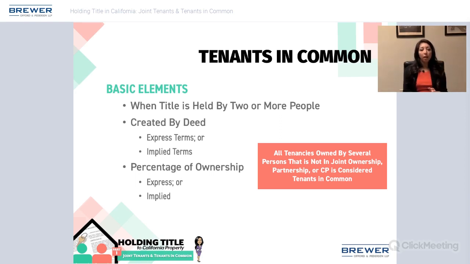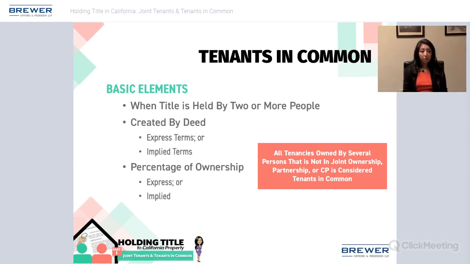This occurs when you have two or more people who are going to be the owners of this property, whether they be friends, siblings, a couple, an unmarried couple, for my example, to keep things easier. If it's two or more people, then it's going to be tenants in common unless specified otherwise.